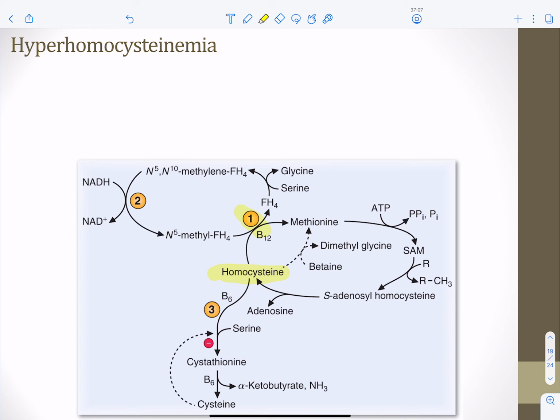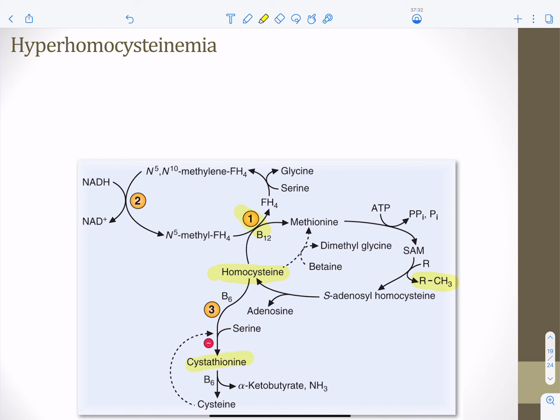Homocysteine is the byproduct of SAM. After SAM donates its methyl group, SAM will become homocysteine. And homocysteine produced can either be remethylated to methionine or condensed with serine to form cystathionine. And we talked about that in the previous lecture.